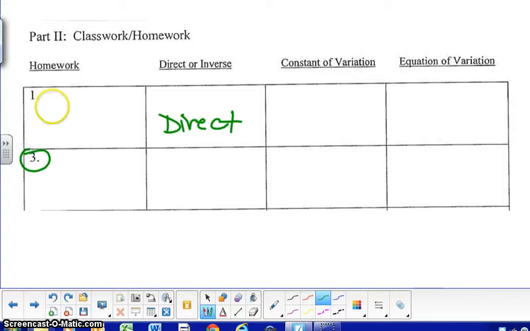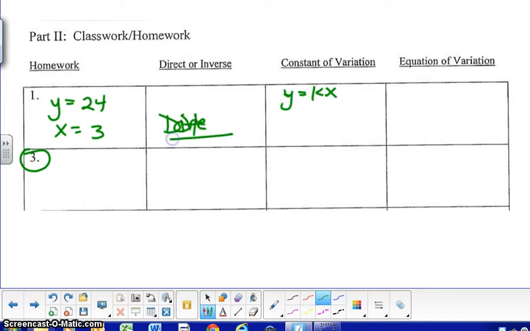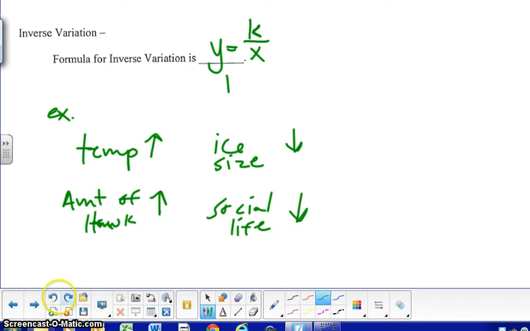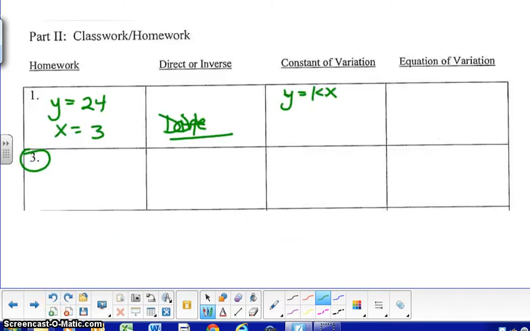So number 1, what is given is that y equals 24 and x equals 3. So the constant of variation formula is the first thing I want to use. And since it's direct, that's what we're going to be using. Okay, so let's go ahead and, sorry for the mess ups here.